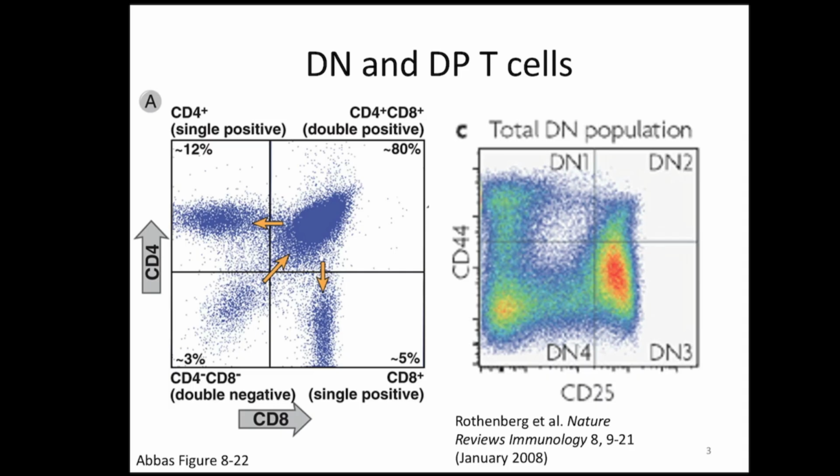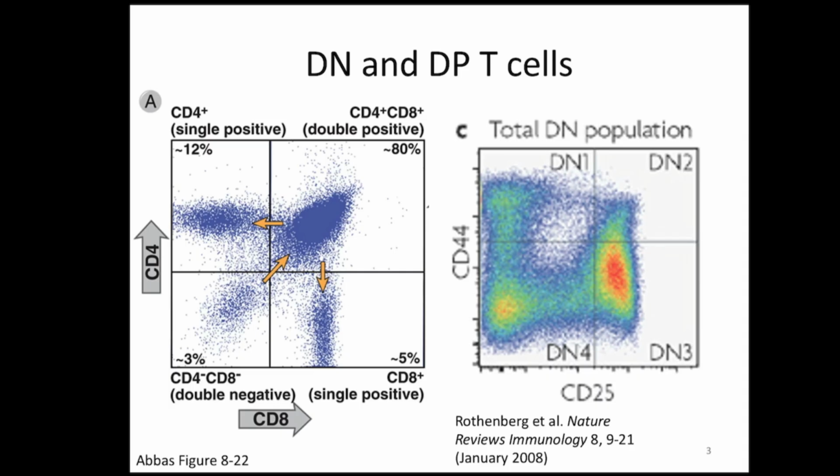You can see an actual flow cytometry plot of the thymus here. And I will also draw a version of this same plot where we have the CD8s and the CD4s.